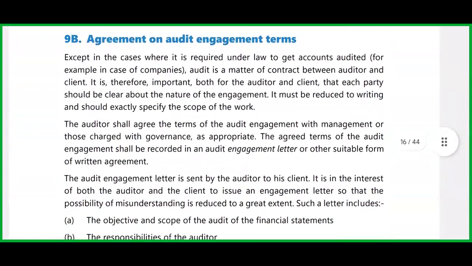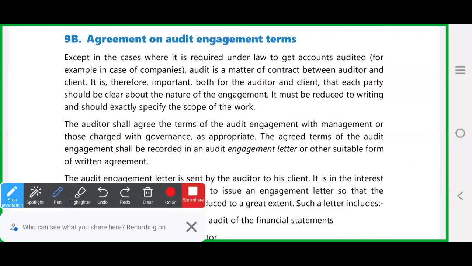Then there has to be an agreement on audit engagement terms. The auditor should agree with the terms which were discussed before. Each party should be clear about the nature of the engagement. Everything must be reduced to writing.